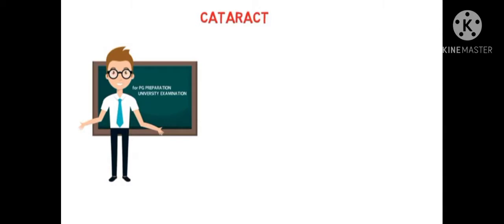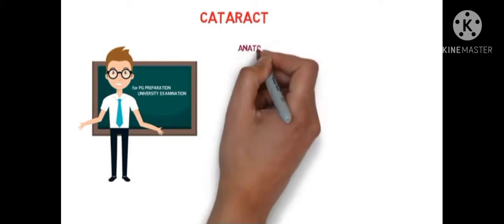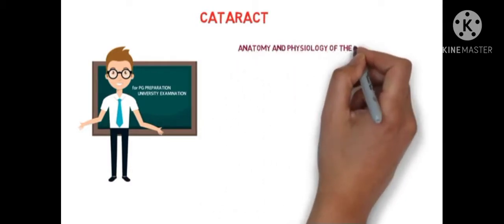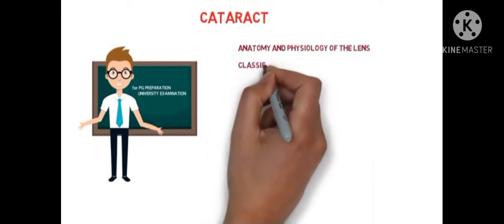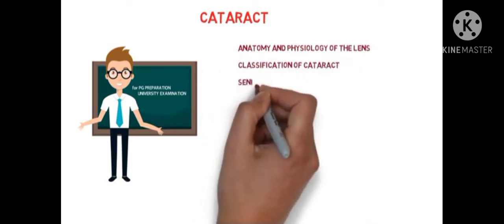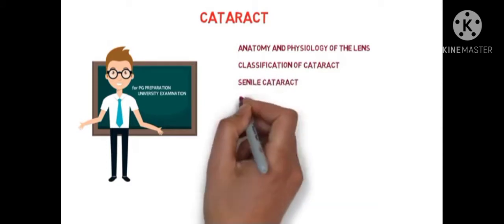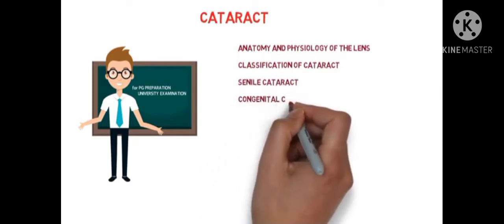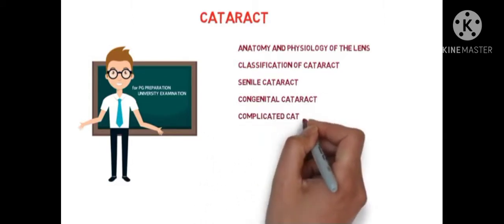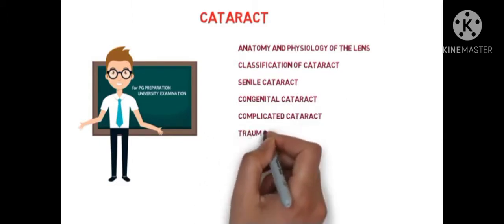So in this lecture, before starting actual cataract, first we are going to discuss the anatomy and physiology of the lens. Then we are going to discuss the classification of cataract. After the classification, we are going to describe the important cataracts like senile cataract, congenital cataract, complicated cataract, and traumatic cataract.